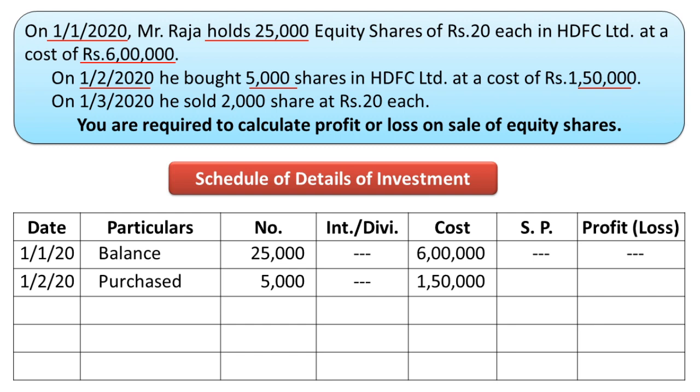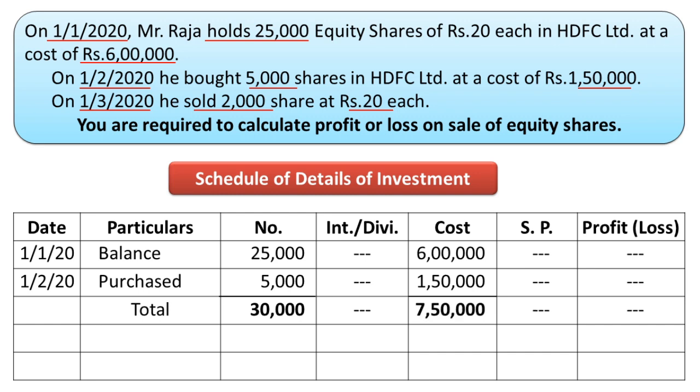The next transaction is of sales on 1st March 2020. 2,000 shares have been sold at the rate of rupees 20 each. But before recording the transaction of sales, we'll take the total of number of shares that we have, 25,000 plus 5,000, 30,000, and the total of cost, 6 lakhs plus 1,50,000, 7,50,000.